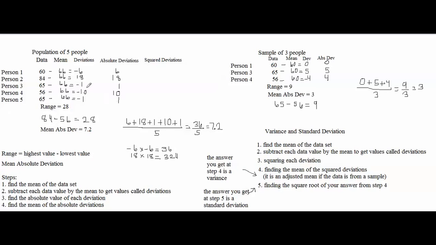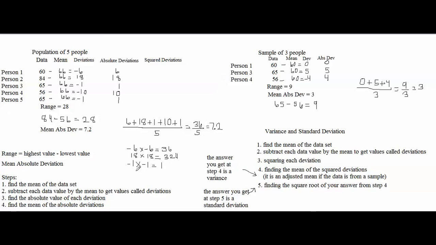Next, we'll just multiply -1 by itself, which will be -1 times -1. -1 times -1 is just 1.